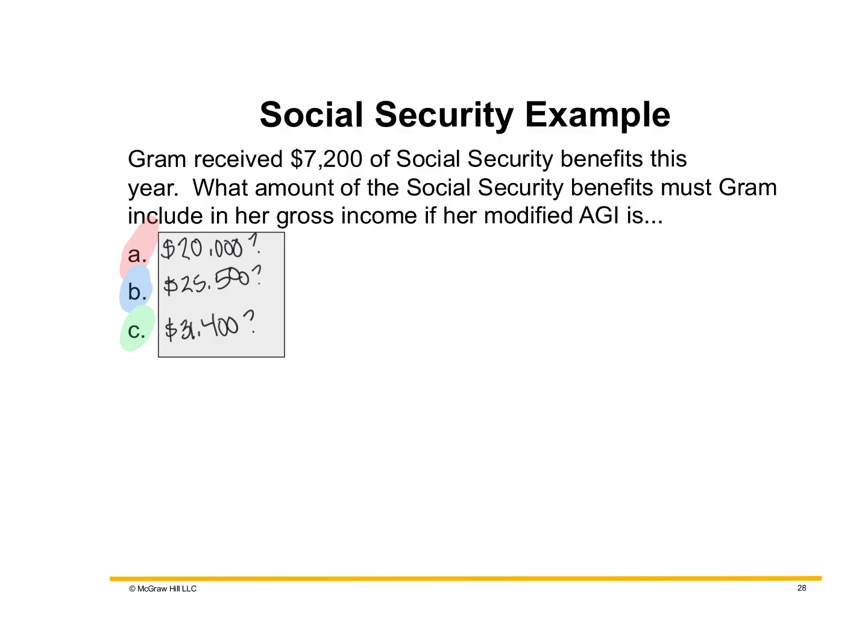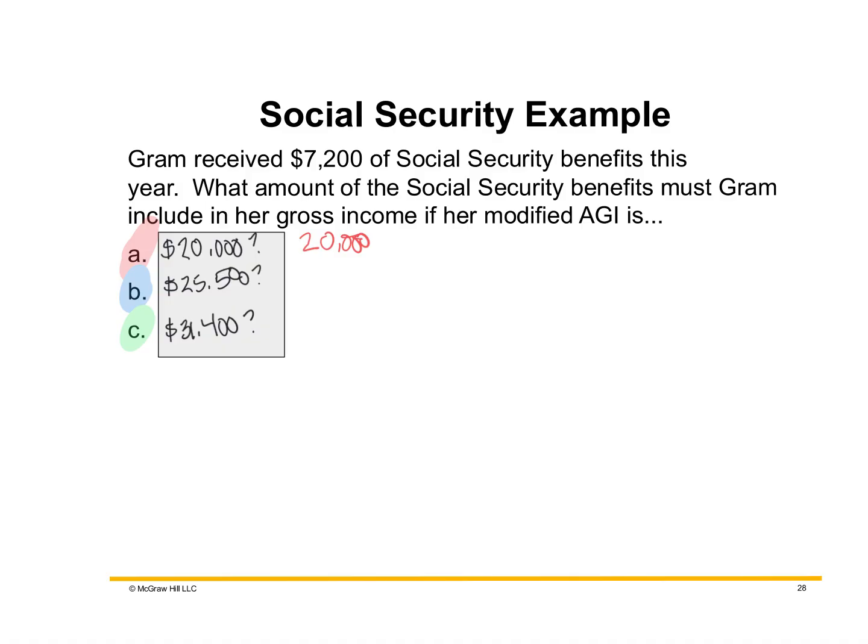So the main number that we will want to calculate is modified AGI plus 50% of total Social Security benefits. For scenario A, our modified AGI is $20,000.